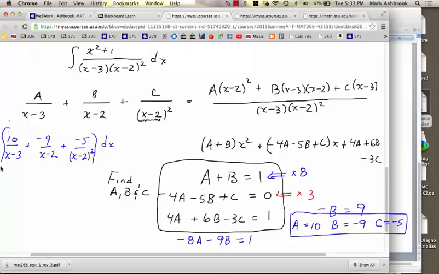Okay, so 10 ln of absolute value x minus 3 minus 9 ln of x minus 2, so that's just like the ones we had before.